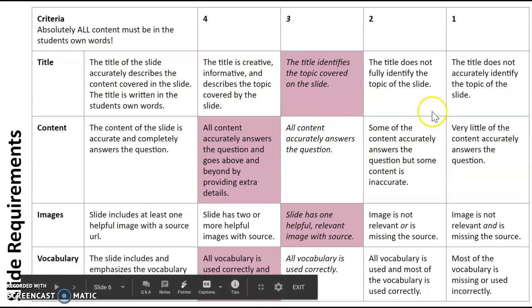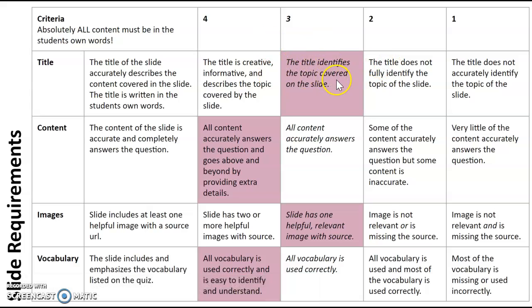So I graded myself to give you an idea of how I'll be grading. I said the title identifies the topic. It's not super creative or informative, beyond just saying this is about the periodic table. So I got a 3 out of 4. The content is accurate and it goes beyond by providing those extra details about metals and metalloids, so I gave myself a 4.